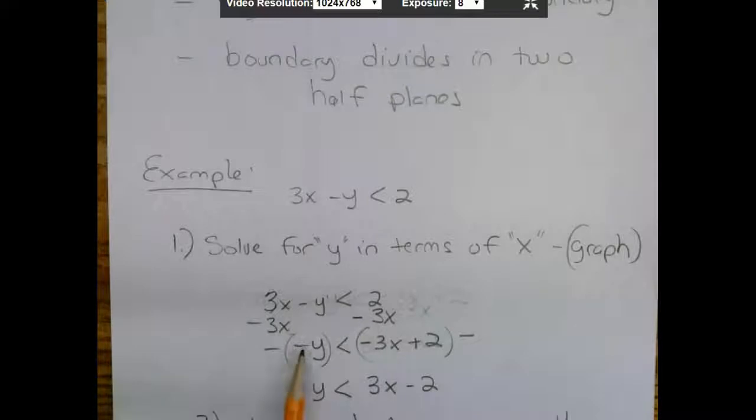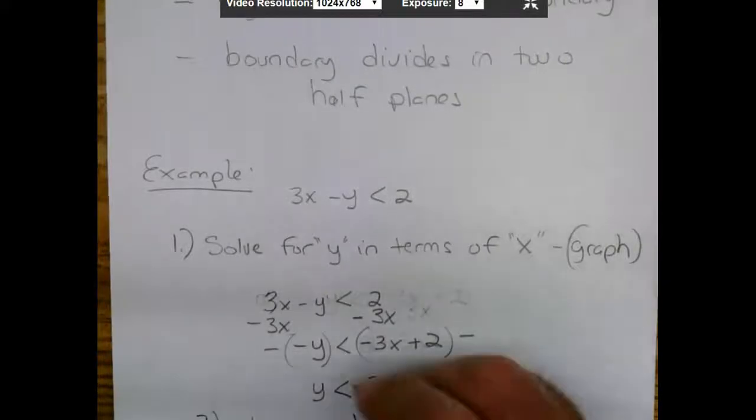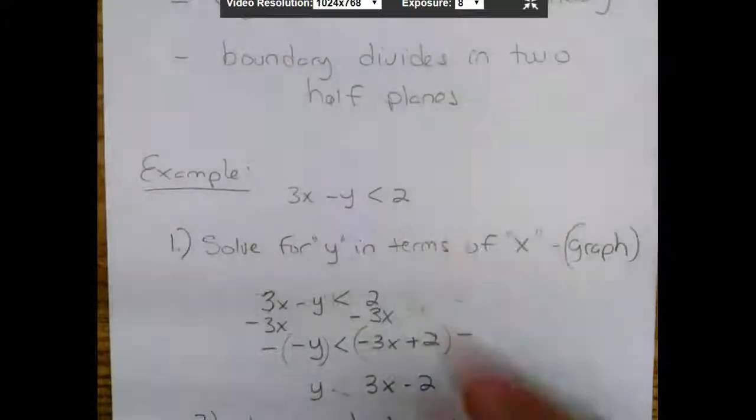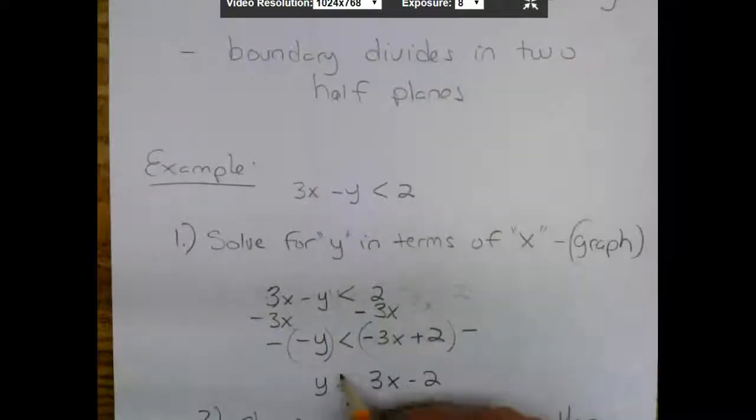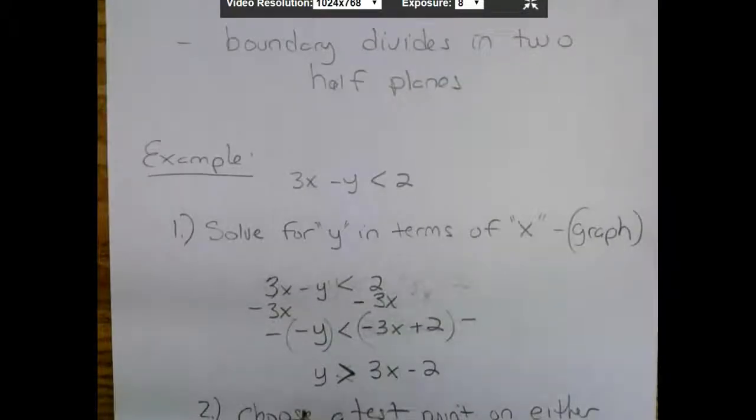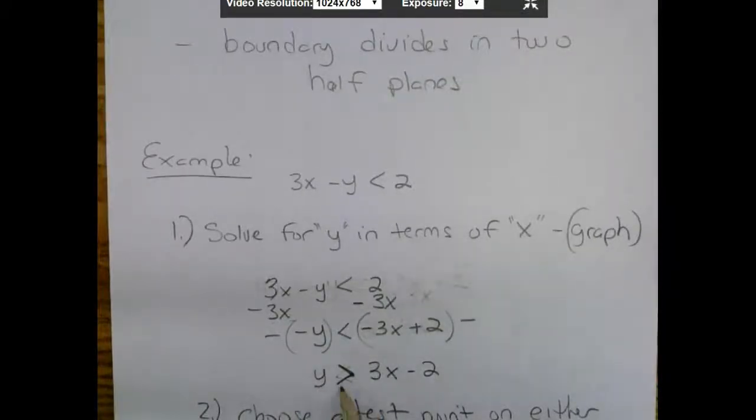Then we end up with negative y is less than negative 3x plus 2. Then we multiply through by negative 1, and that's going to make us flip the inequality sign, which gives us y is greater than 3x minus 2.